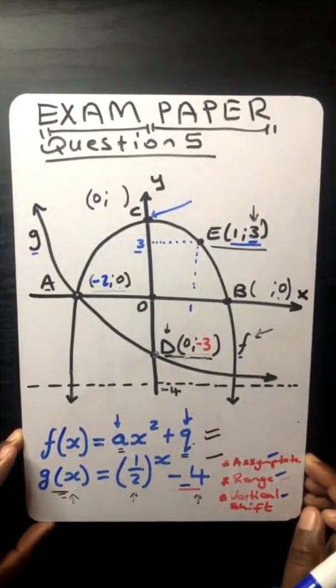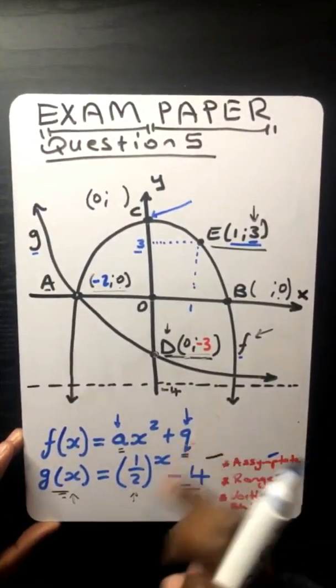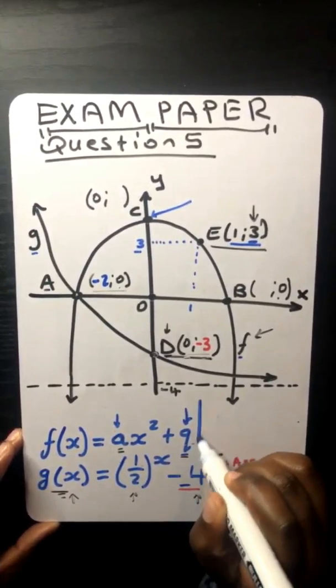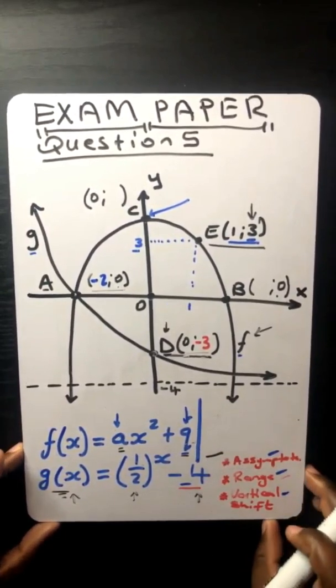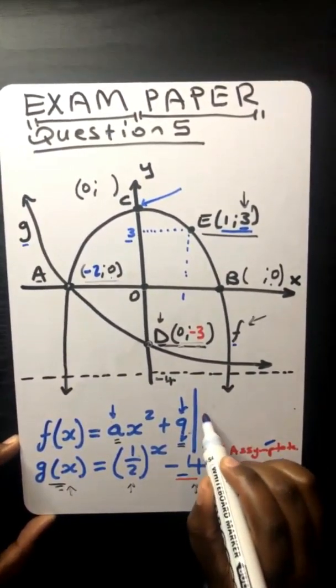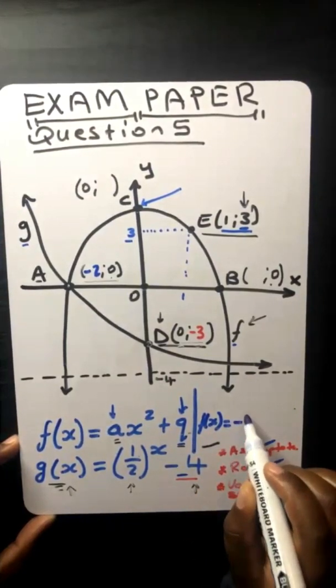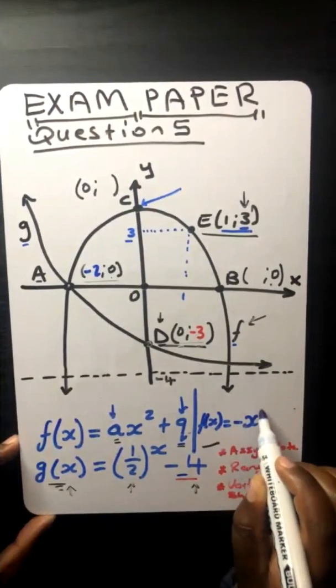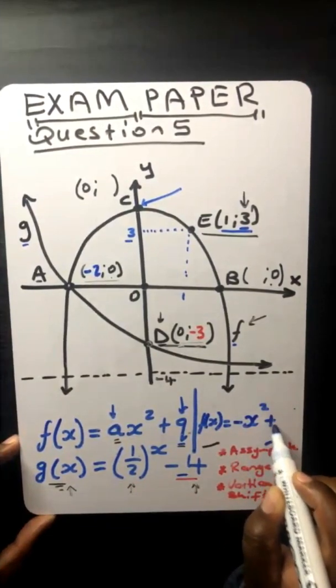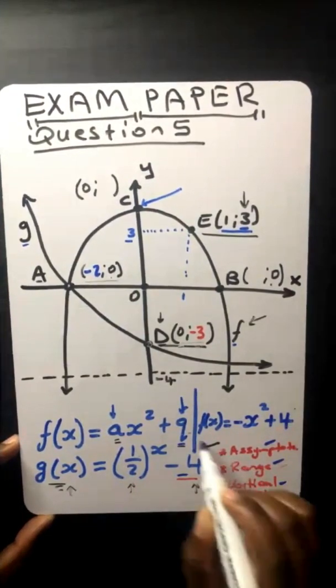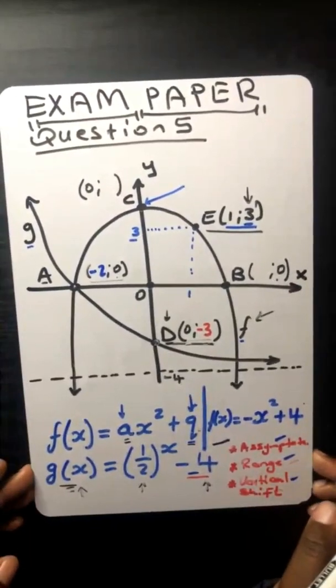But if we have all that information, let's update it. We now have the information about the function, so we have f of x equals negative 1x squared plus 4. We write it like that because now we know the formula.